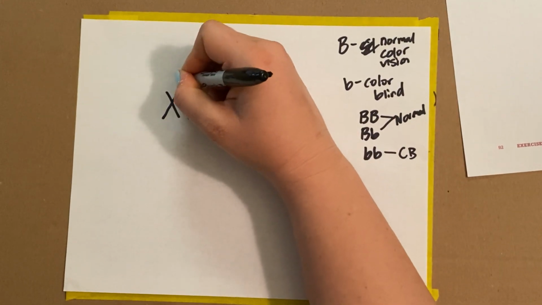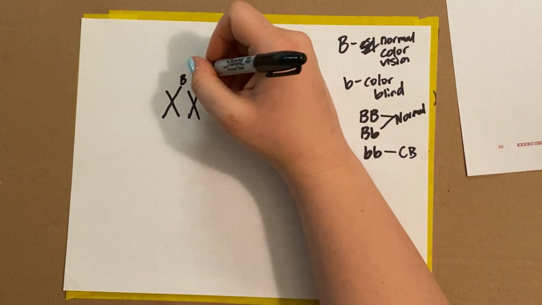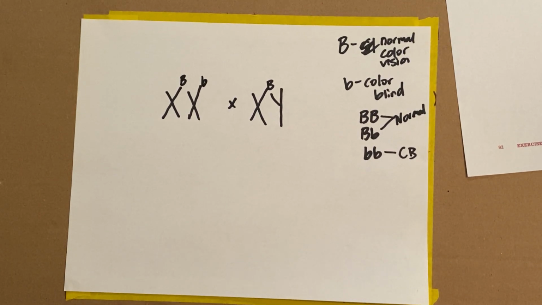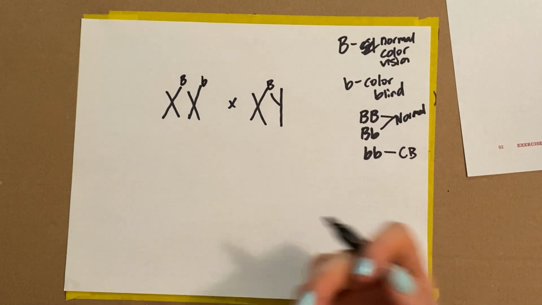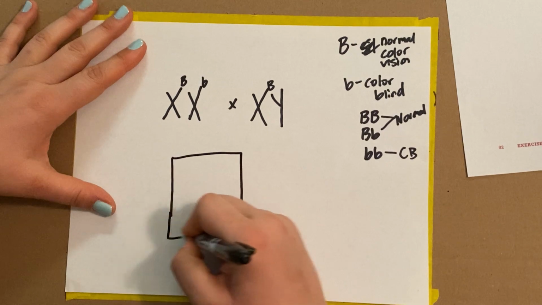This woman also has normal vision, but it's telling us that they have produced a child that is colorblind, so we know that she has to be the one that's carrying it. Okay, because she doesn't have it, but she has the allele. So both with normal vision, marry and have a colorblind son. Draw the Punnett square that illustrates this. Okay, so this is what it would look like, and then we can draw the Punnett square.